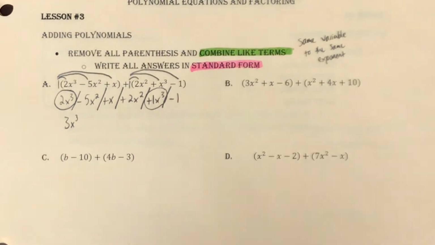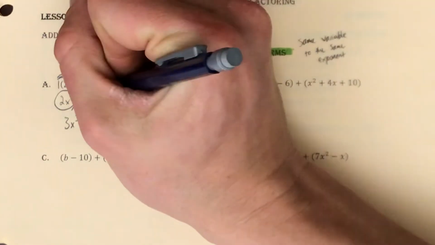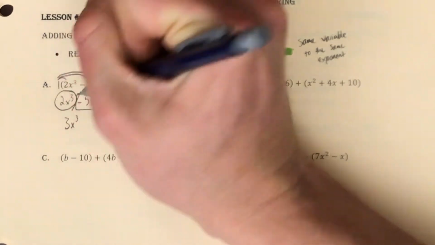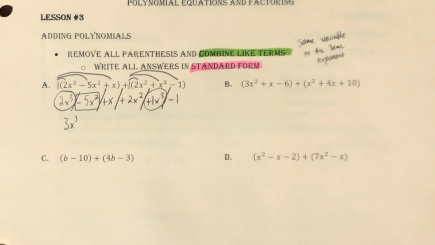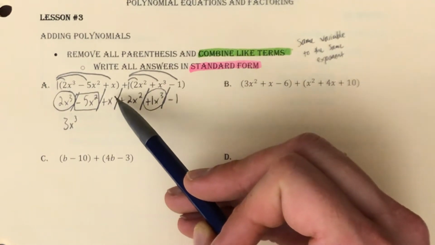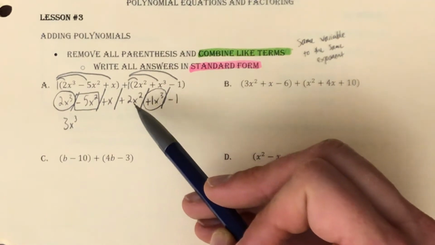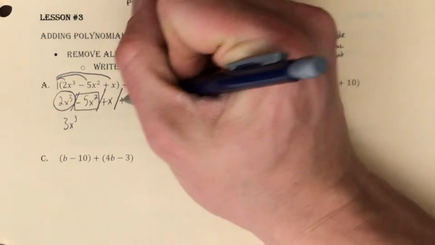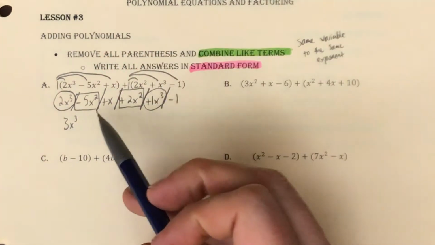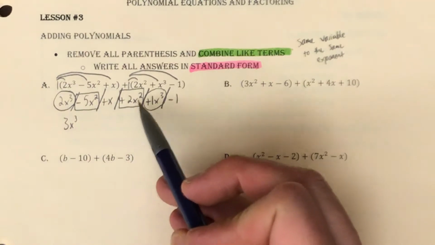Then I do the same thing for my next term in line, which is negative 5x squared. So I'm looking for terms with an x to the second power. My next term in line is an x, but not to the second power. The next term in line is an x, and it's to the second power, so this is a like term. So right here, I've got negative 5x squared plus 2x squared.